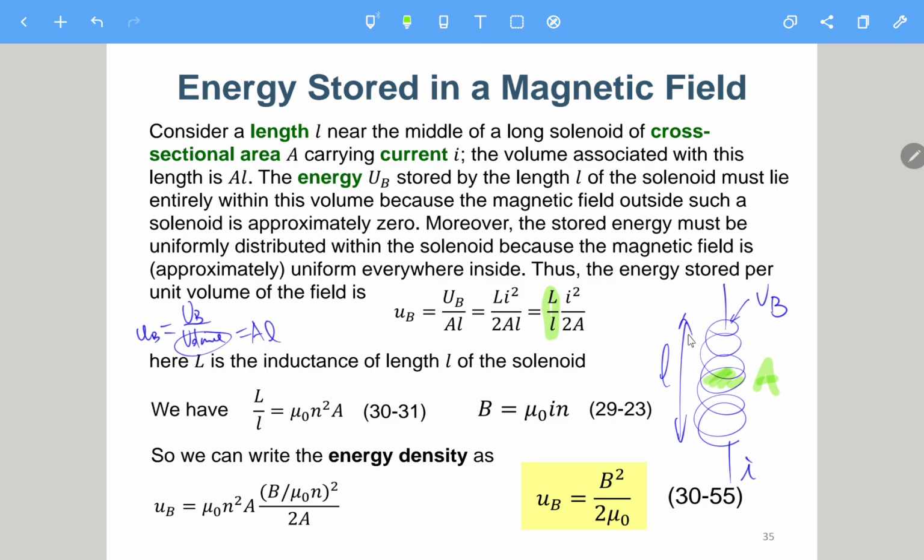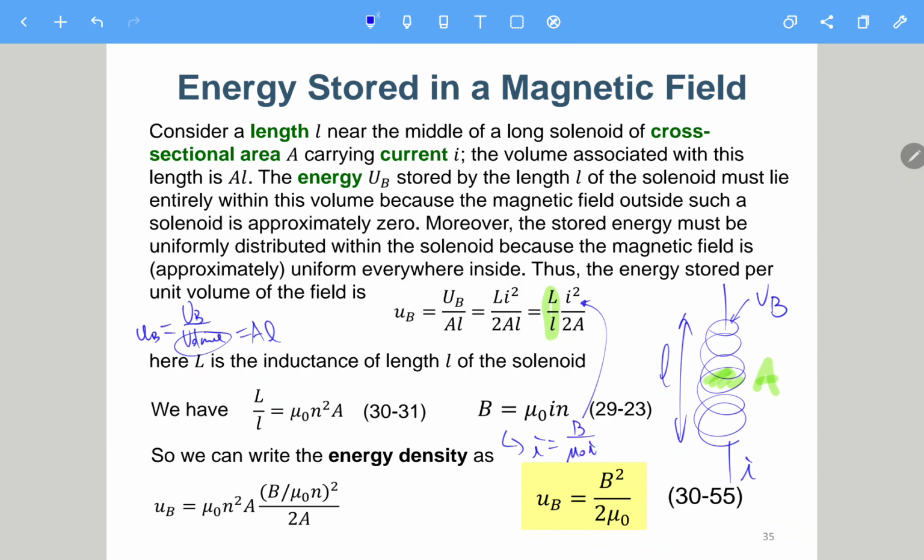And actually, this is a solenoid. So we have B equals mu0 nI for a solenoid, which means that we can have I equals B over mu0 n.